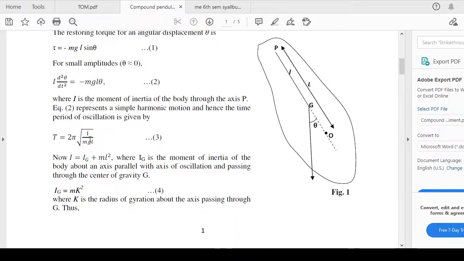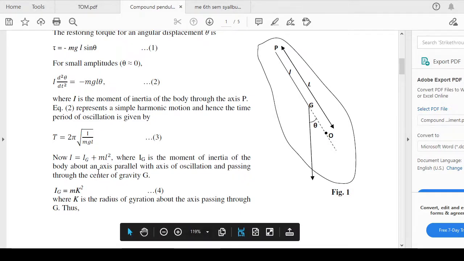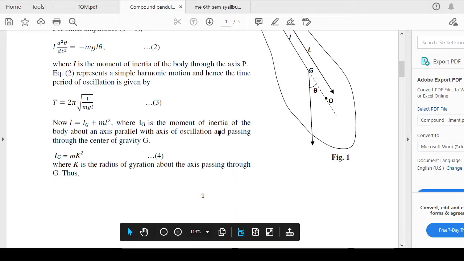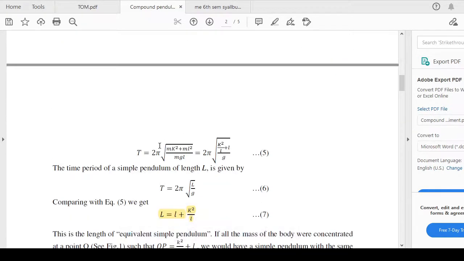But here I is not the simple mass moment of inertia; here I is equal to Ig plus ml square, where Ig is the moment of inertia of the body about an axis parallel to the axis of oscillation. So I becomes mk square plus ml square, and this is the formula for the time period of the compound pendulum.